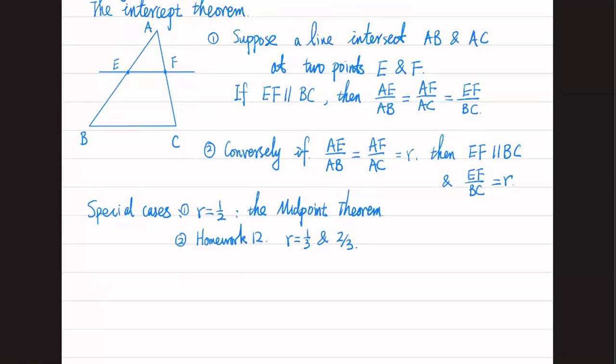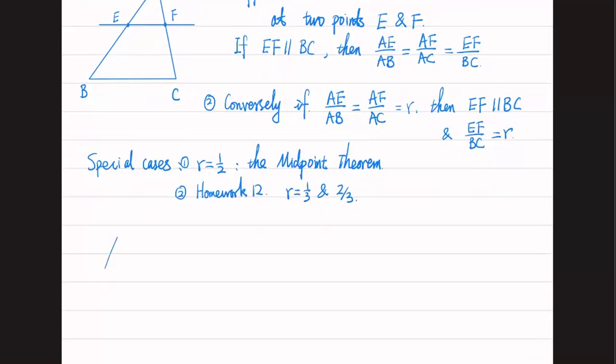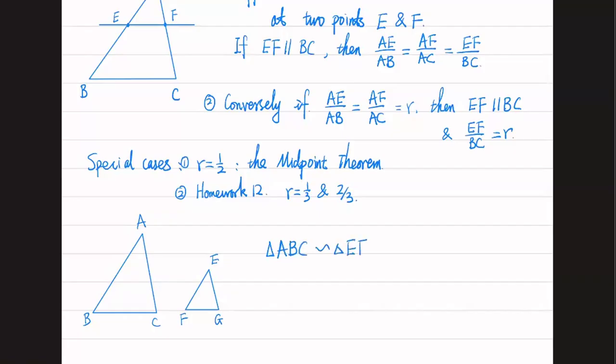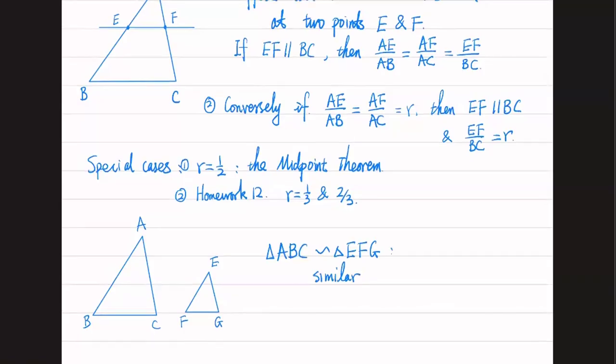Two triangles, A, B, C. Okay, we call them similar if the following conditions hold.